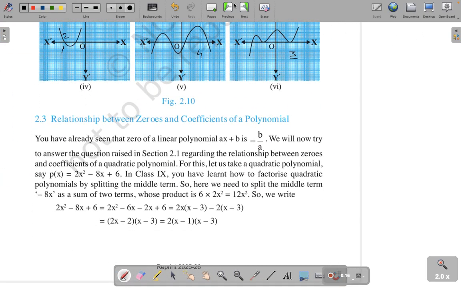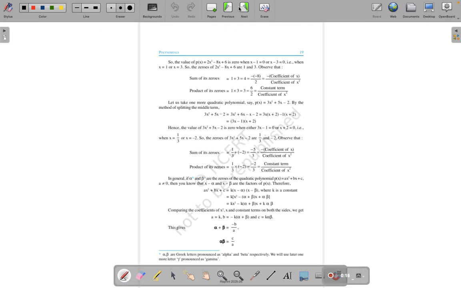Then you have the relationship between zeros and coefficients. This we have already seen. So alpha plus beta is known as the sum of zeros, and alpha beta is the product of zeros. So if you look at this, ax square plus bx plus c is a quadratic equation.